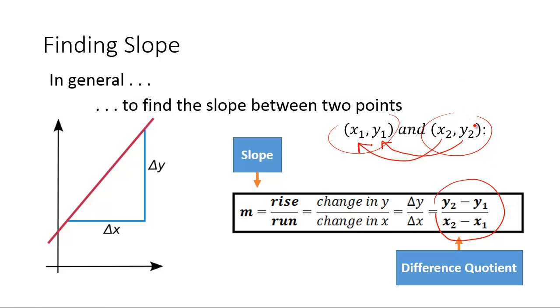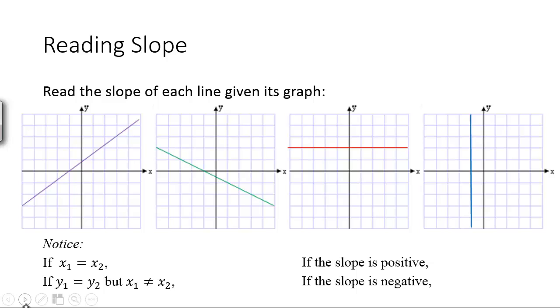Note that you could subtract the other way as long as you're going in the same direction, because you want to find the difference of your y's and the differences of your x's in the same direction so that they simplify to the slope. So let's take a look at these examples and see if we can read their slopes.